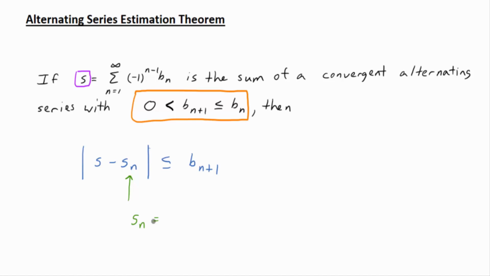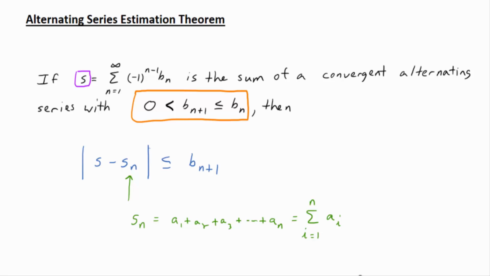So Sn stands for the sum of the first n terms of the series, a1 plus a2 plus a3 all the way up to an. In the shorthand we've developed, it would be the sum from i equals 1 to n of ai.